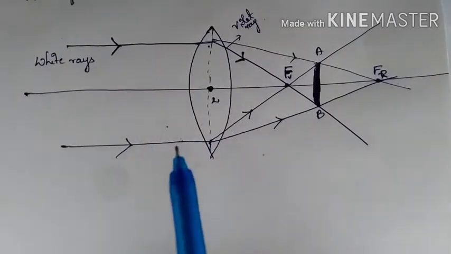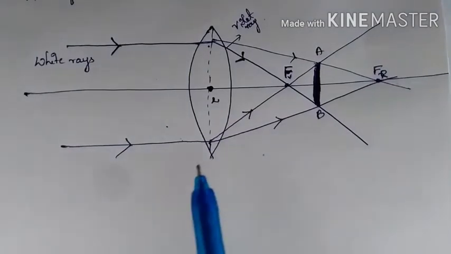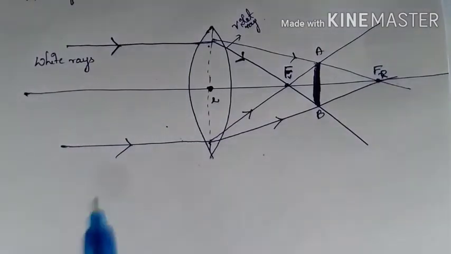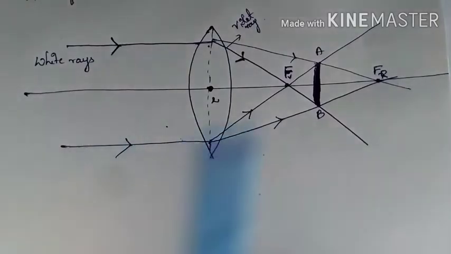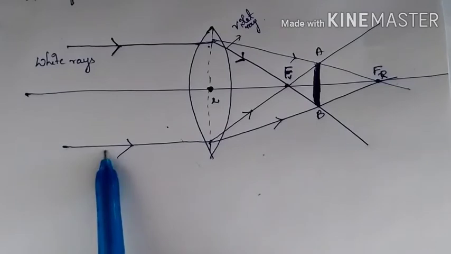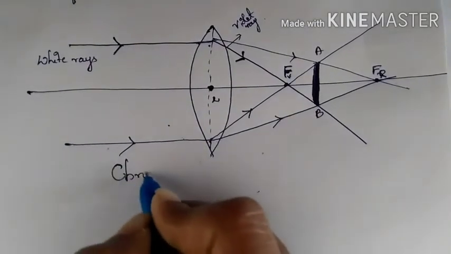That is a defect in a lens that occurs due to variation in refractive index with color. So what is happening here? The refractive index is varying with the color of the light that we are sending on the lens. So that all will give you the chromatic aberration. So the defect in a lens due to variation in refractive index with color is called chromatic aberration.